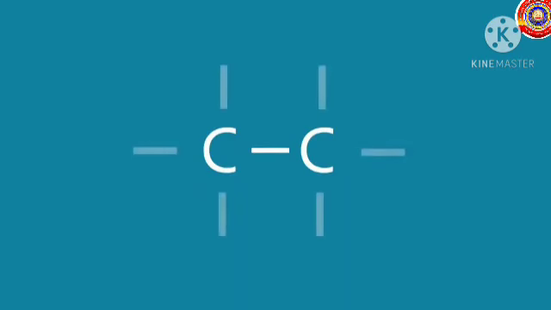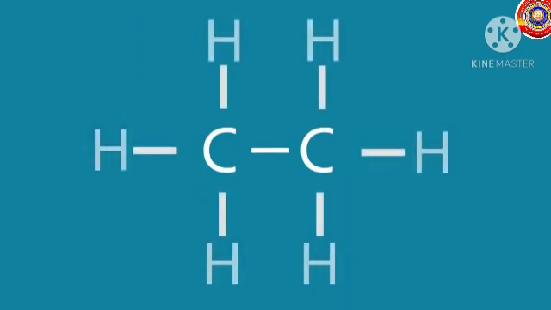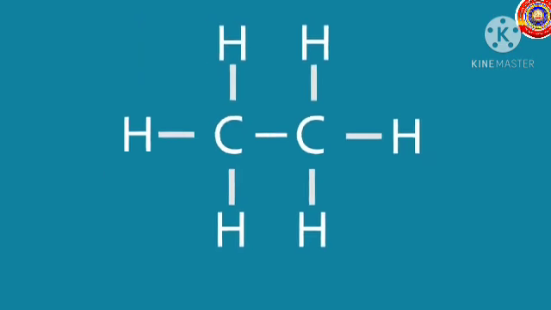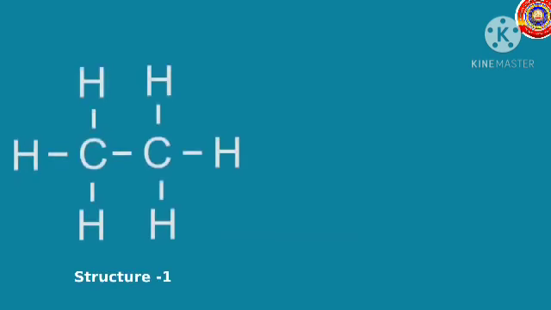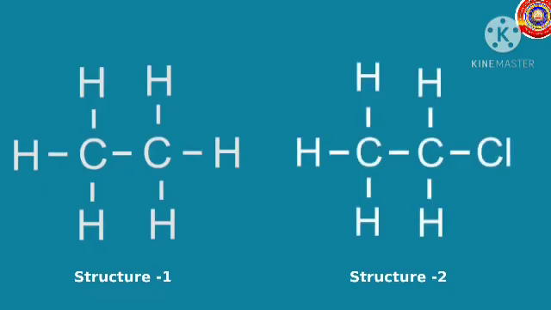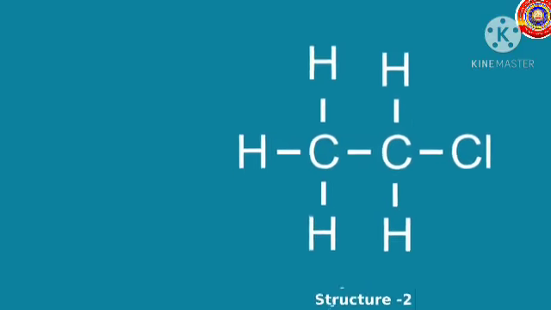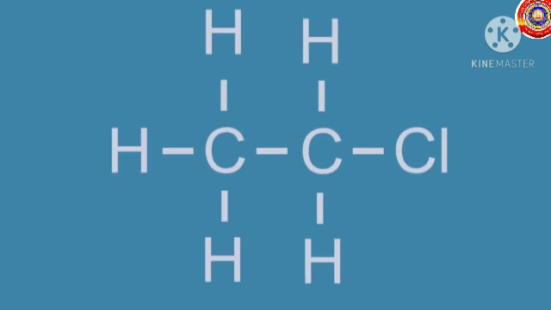The structure of an alkane is given. What is the name of this compound? Yes, ethane, isn't it? In this hydrocarbon, carbon and hydrogen are the only elements present. Am I right? Now examine the structure of another compound. Observe the structure closely. What is the difference in these structures? In structure 2, which atom is there instead of hydrogen?